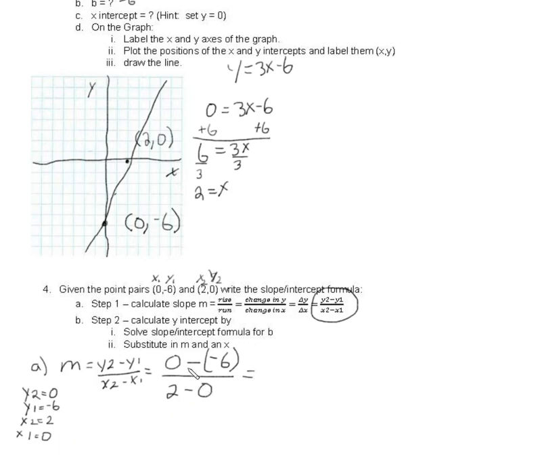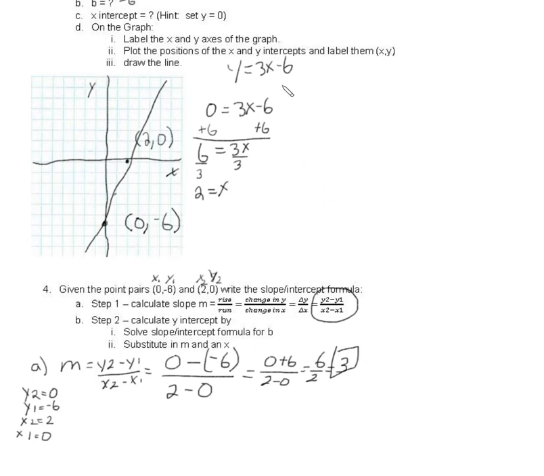So okay, so 0 minus negative 6 really just becomes 0 plus 6 over 2 minus 0, which really becomes 6 over 2, which really becomes 3. Okay, so our slope, M, equals 3.